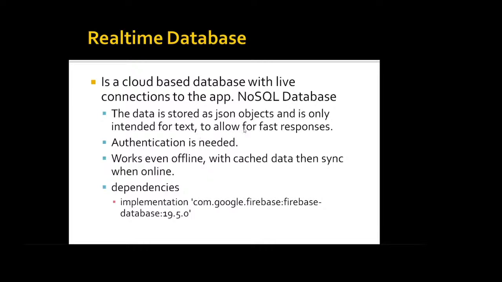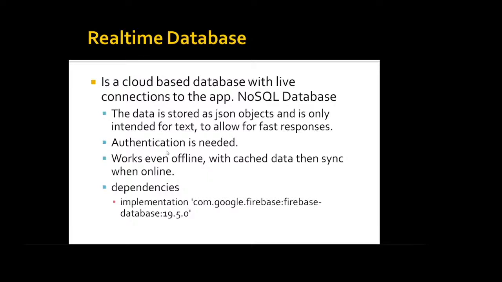Using JSON objects allows for fast responses, and it makes the database really fast compared to SQL. Obviously authentication is needed here, and we will see much more about this in a few more slides.